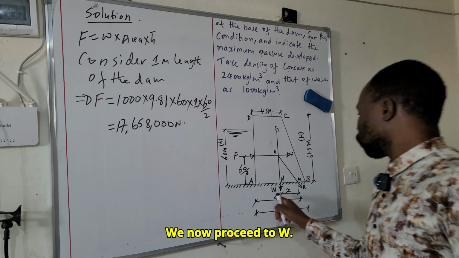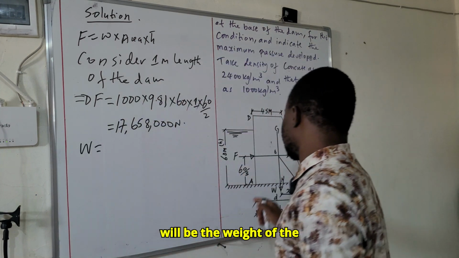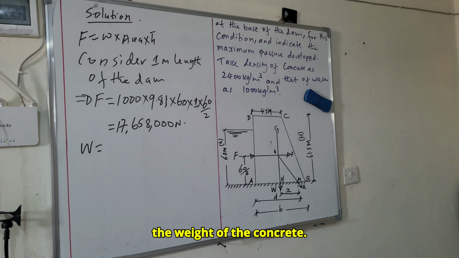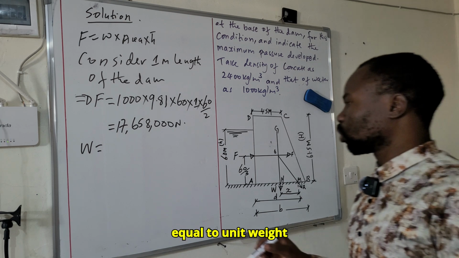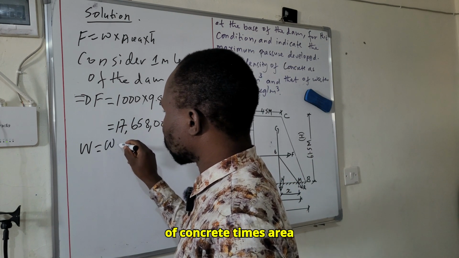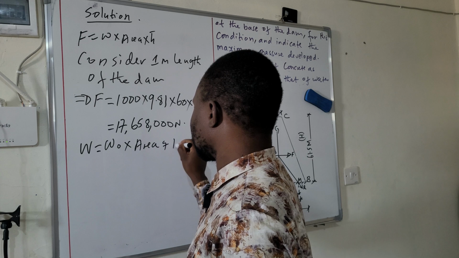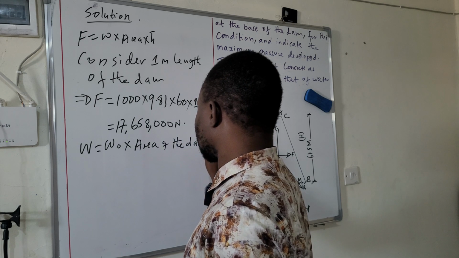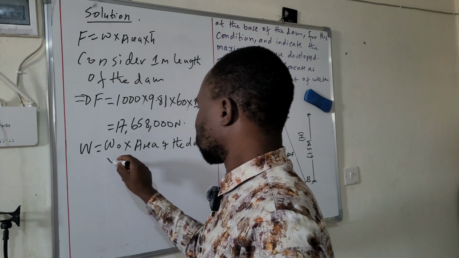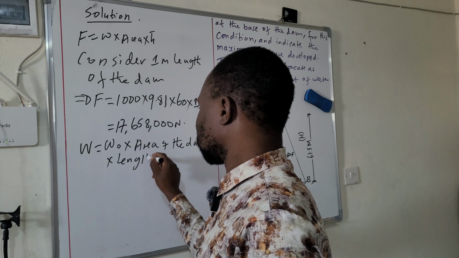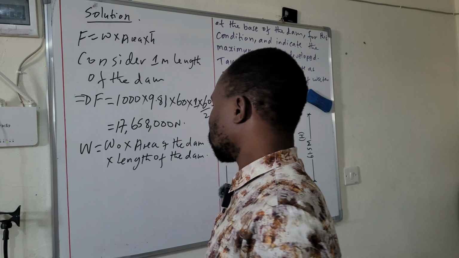We now proceed to W. W will be the weight of the concrete, which is equal to unit weight of concrete times area of the dam times length of the dam.